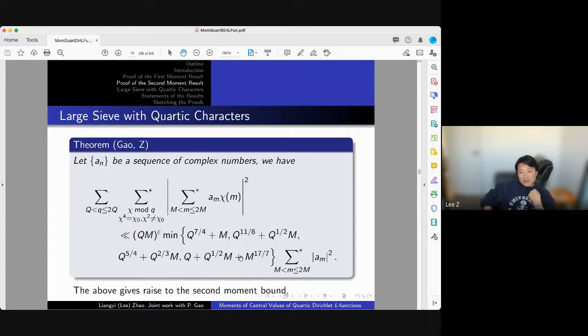A is a sequence of complex numbers. We have the following: we sum over Q, and then we sum over quartic characters, characters whose fourth power is trivial but whose square is not. Then we have this inner sum of a sub n, arbitrary complex numbers, times characters chi of n.